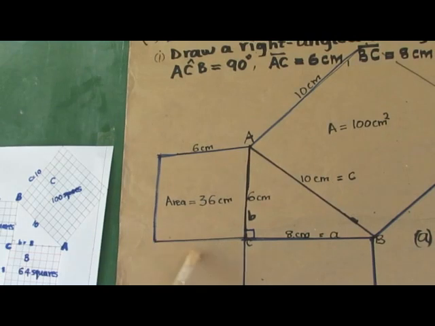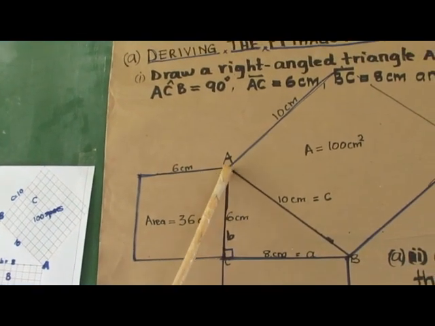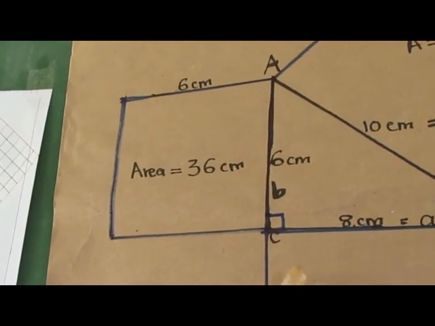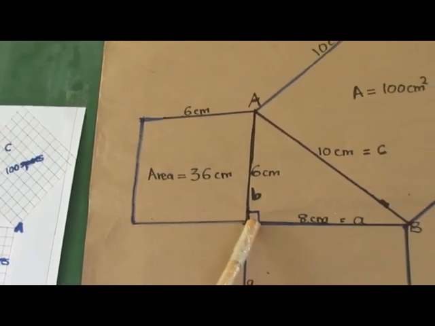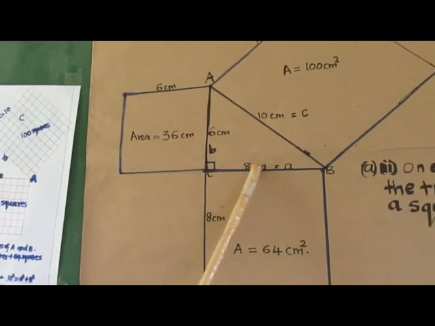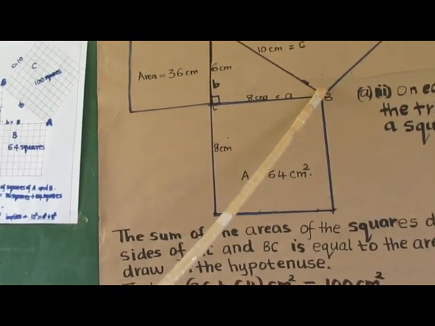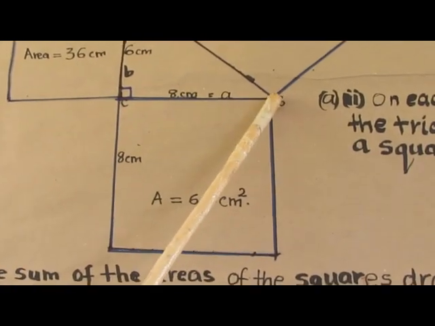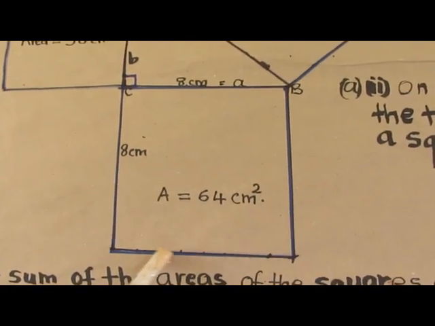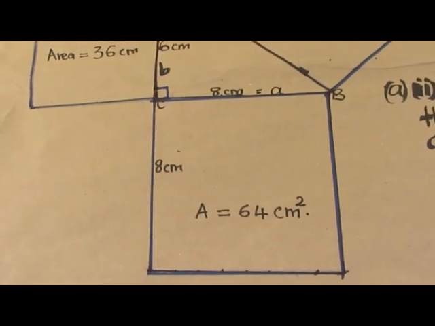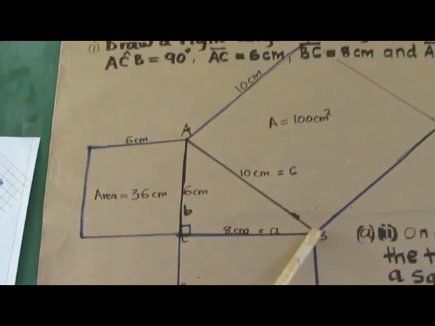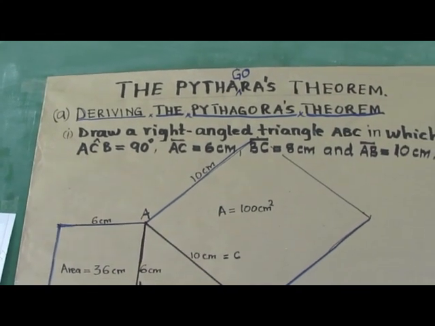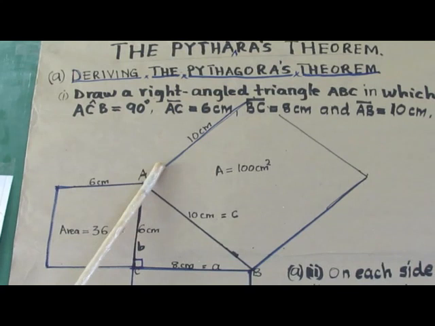This is a square. Call it square A. Then you draw a square on the base, the side BC, which is this one here. Then on the third side of the triangle, the hypotenuse, you draw another square.